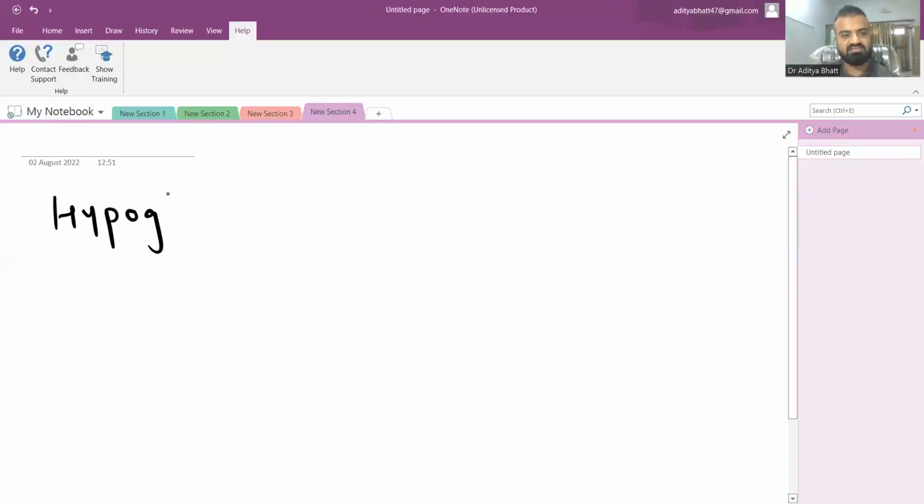Hypoglycemia is defined in a SAM child when the RBS is less than 54 mg per deciliter.